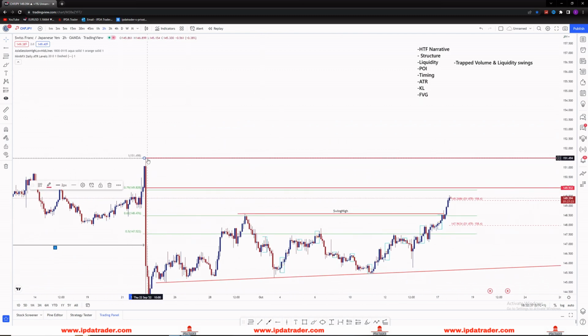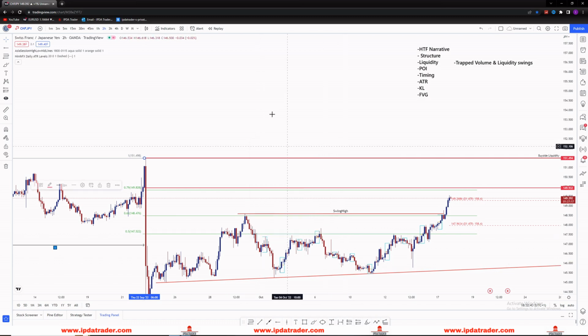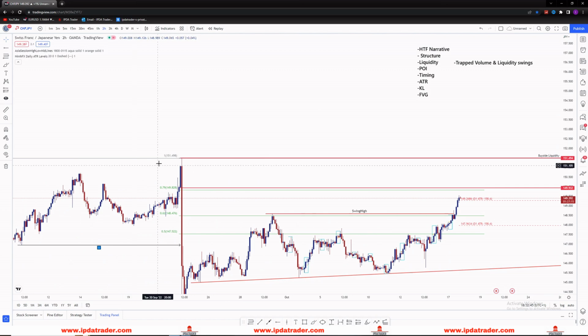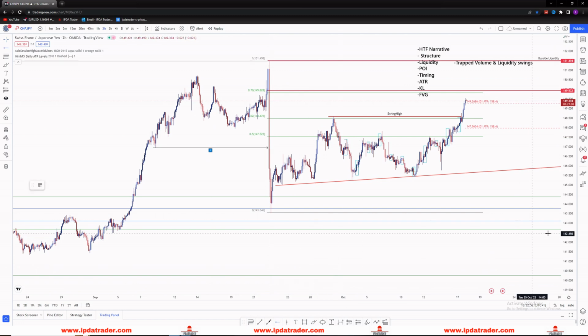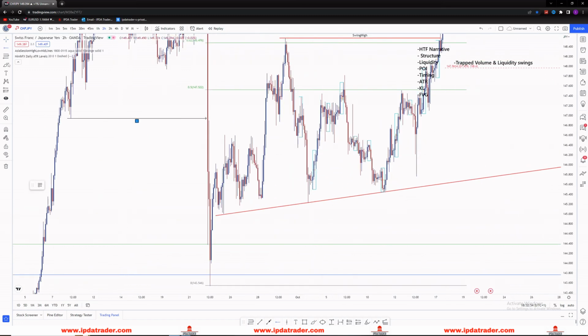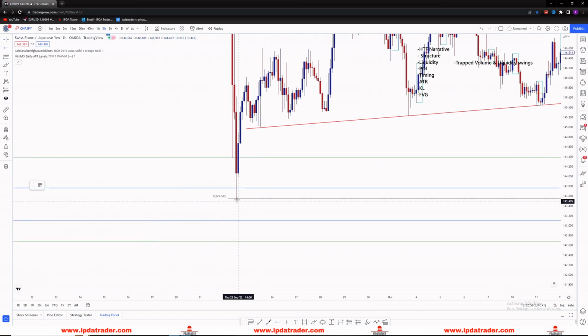And what I'm actually going to do is label this as buy side liquidity, because this is still buy side liquidity. If we're going to push up and move further up, this is where we're looking to target, okay? If you're looking for longs, because this is the liquidity swing, you can apply the same idea for the sell side liquidity resting below this swing on the 2-hour time frame, right?